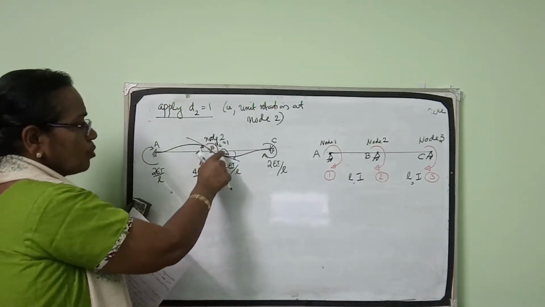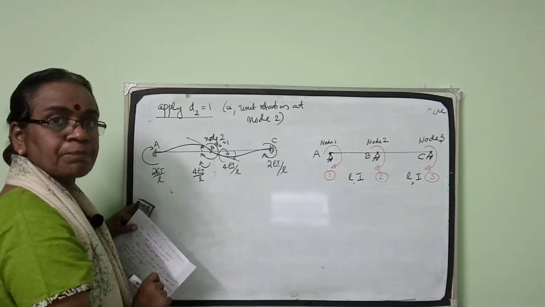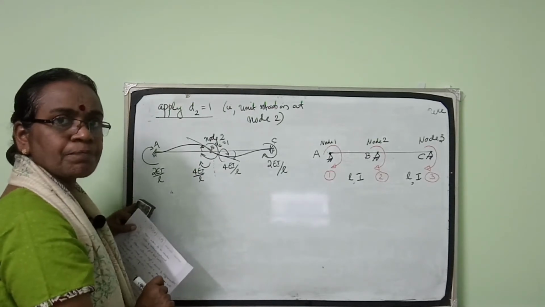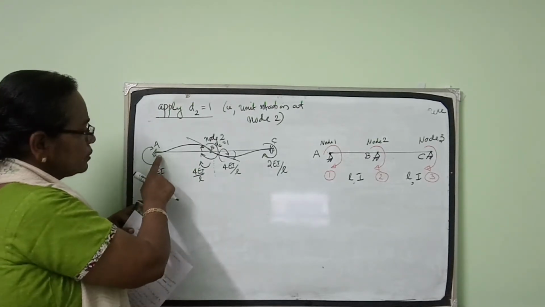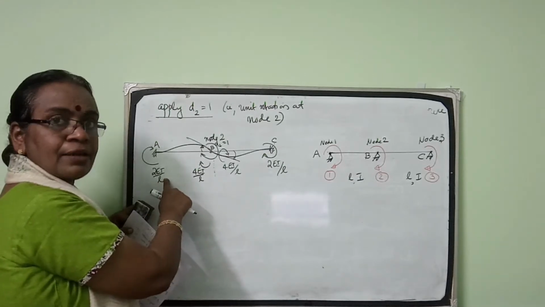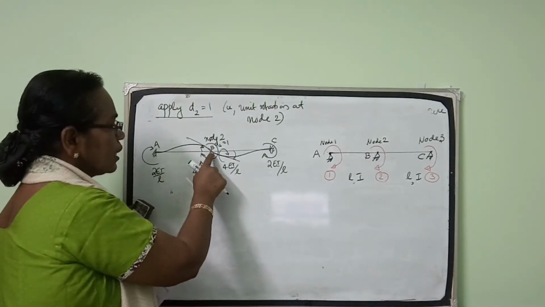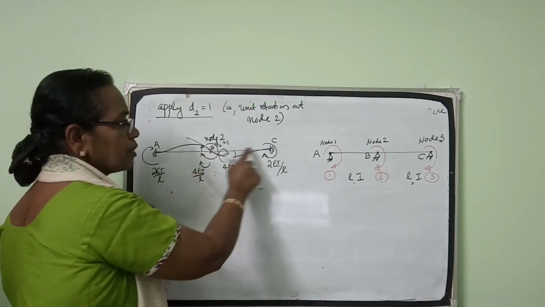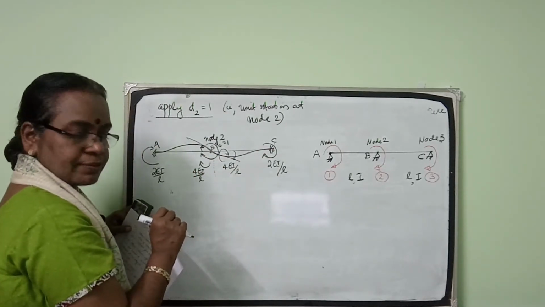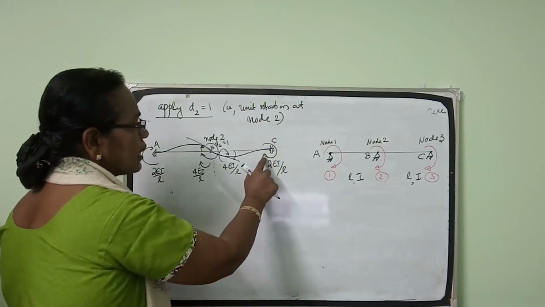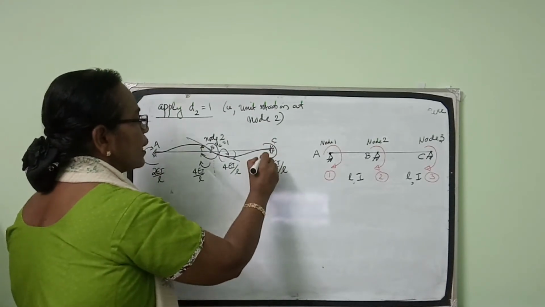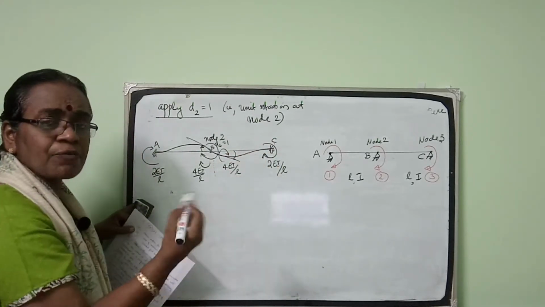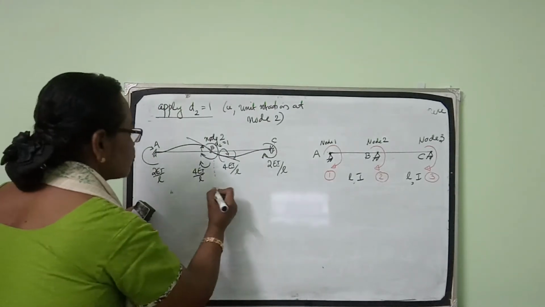So by giving unit rotation at point B or at the second node, the moment in the first coordinate direction is 2EI by L. Moment in the second coordinate direction is the sum of these two, 4EI by L of BA plus 4EI by L of BC. The moment induced in coordinate direction 3 is 2EI by L of BC. Now we write it in influence coefficient.